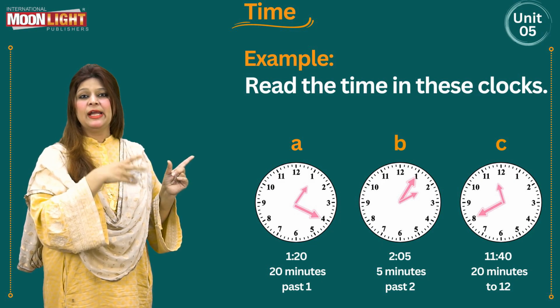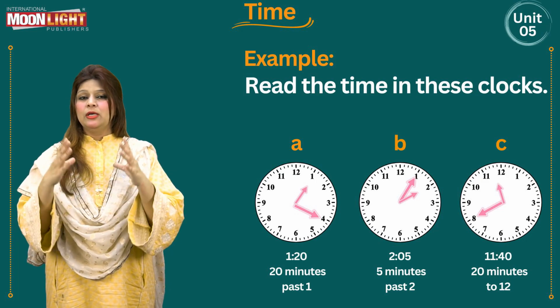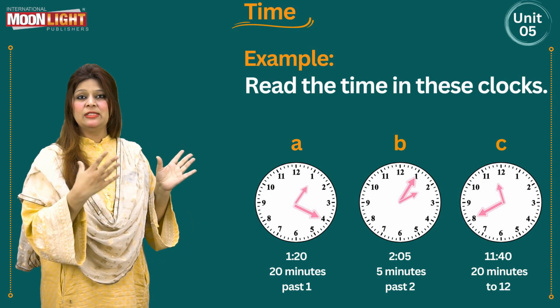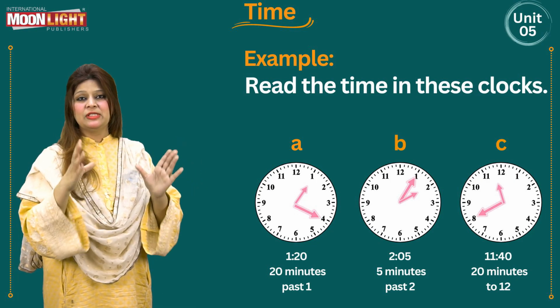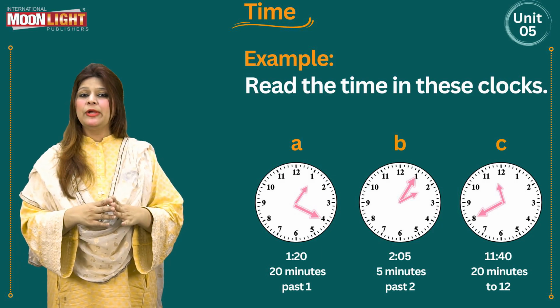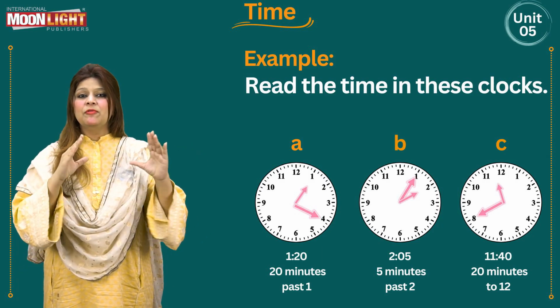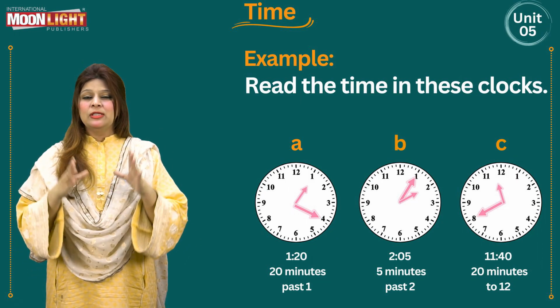Because this is the symbol of time, in the digital form we write 05 instead of 5 only. So we write it down like this, and we read it like this: 5 minutes past 2.